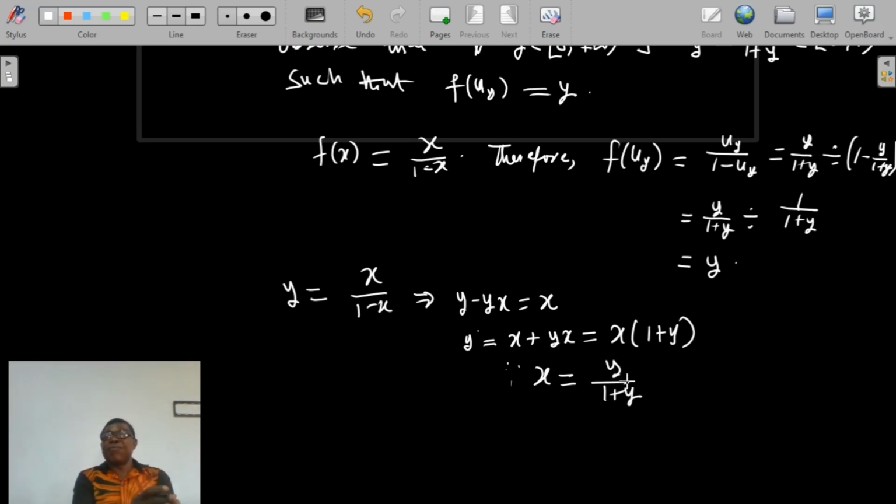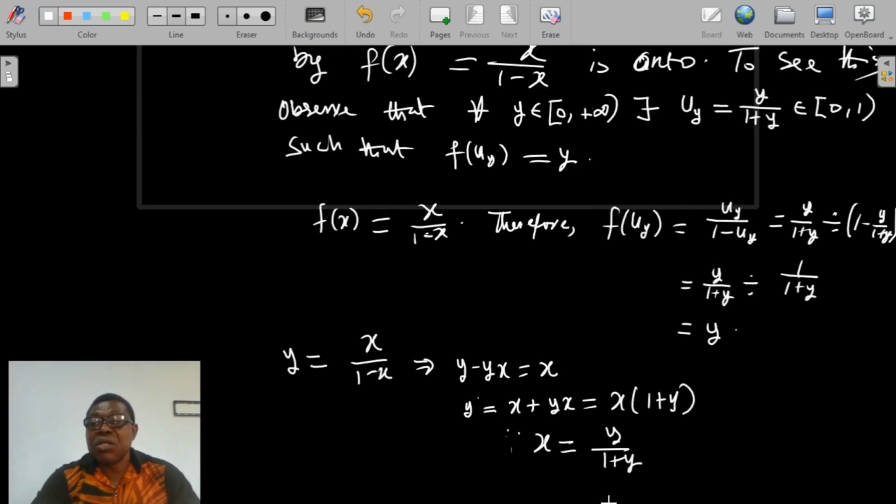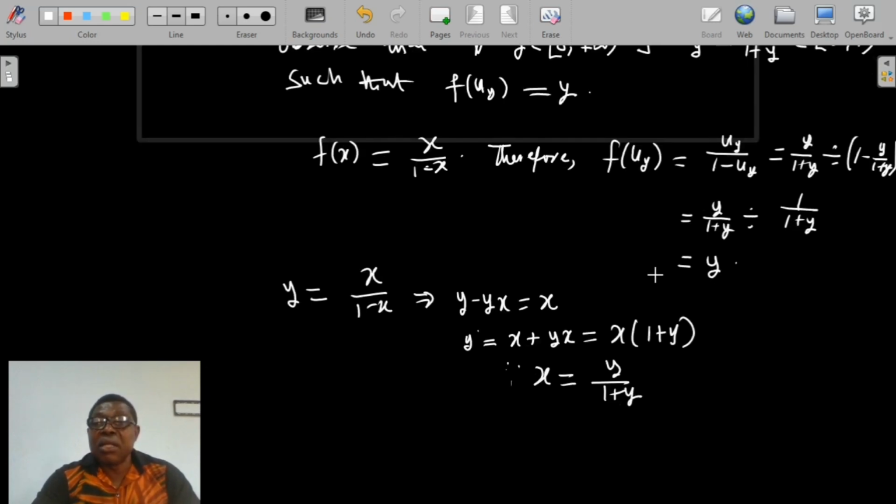So it's from the given function that we're able to construct what the value of u_y we are looking for should be. This is what we'll call u_y here, and the image of that u_y will turn out to be y. So the essence of doing this is for the listeners, the targeted audience, to know that all these things do not fall from heaven.